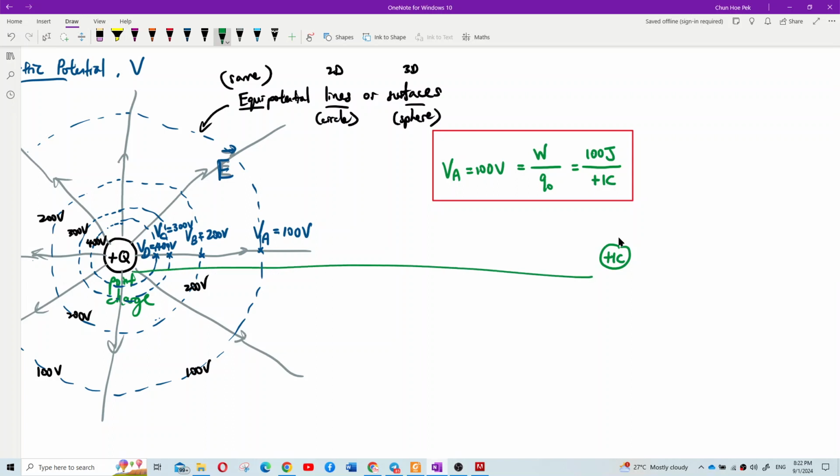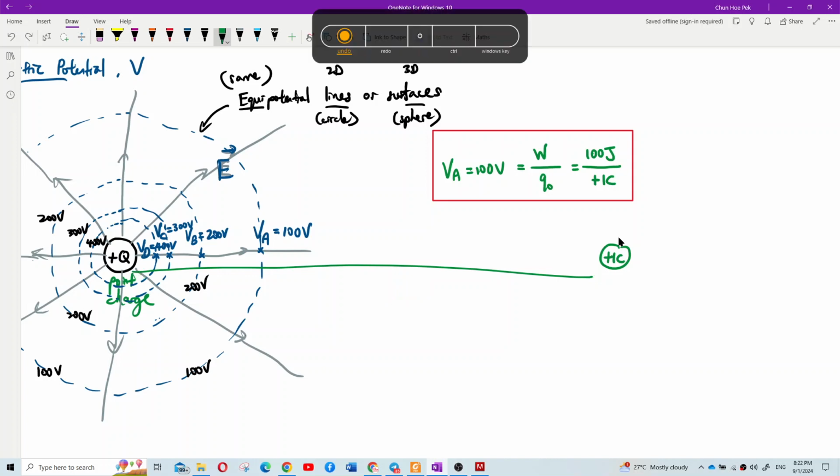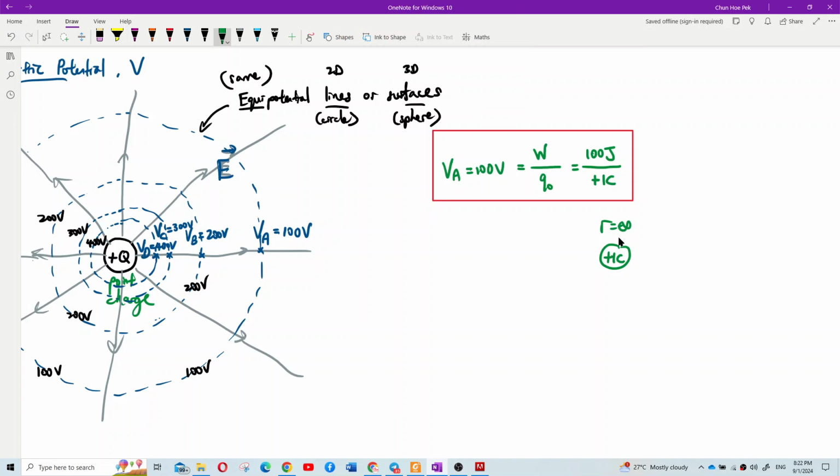That means from here to here, r is infinity. Just put r equal to infinity. At infinity is what we call the test charge, Q naught, 1 coulomb.